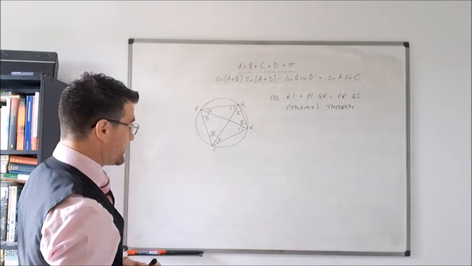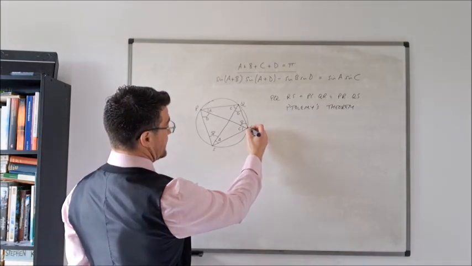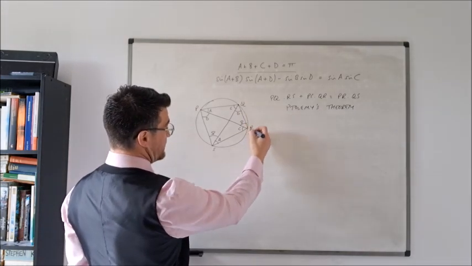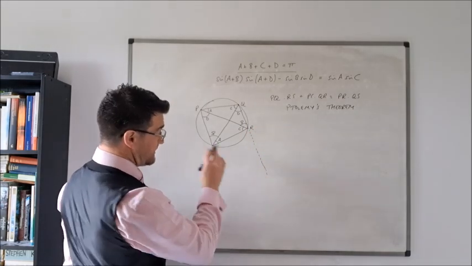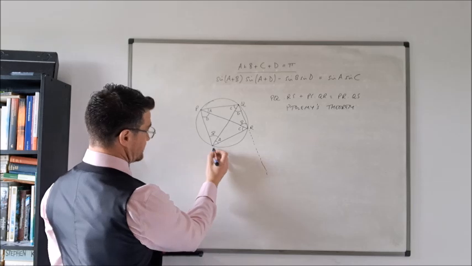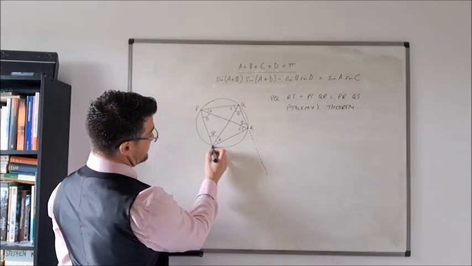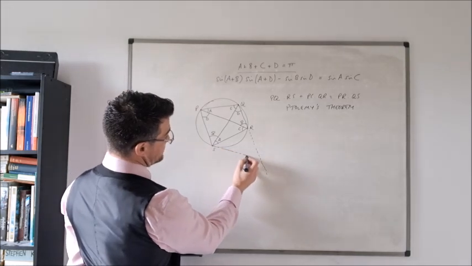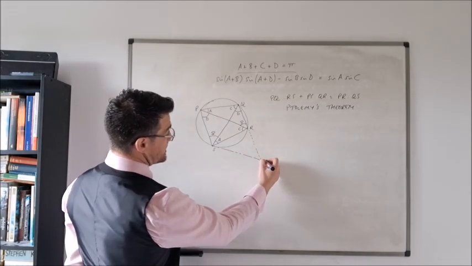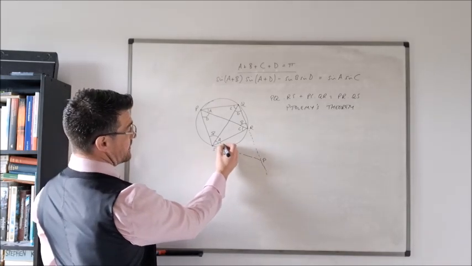What you can do is take one of the sides, say QR, and produce it as far as is necessary, and draw a line from S to this line produced to a point P, such that this angle here is equal to B.